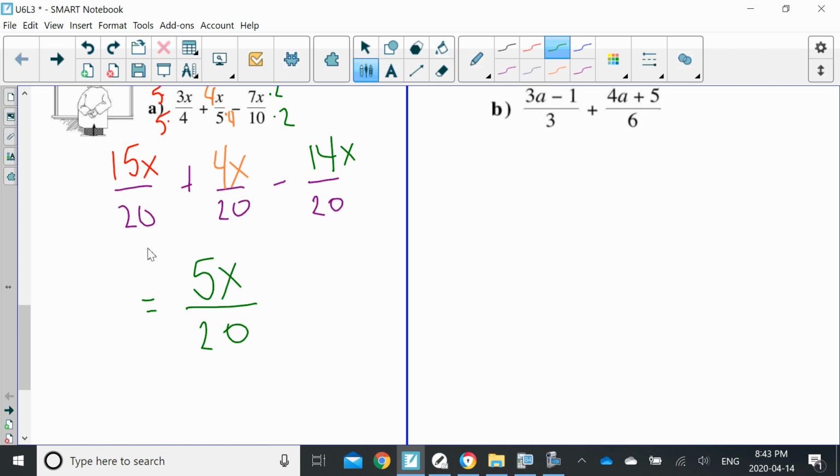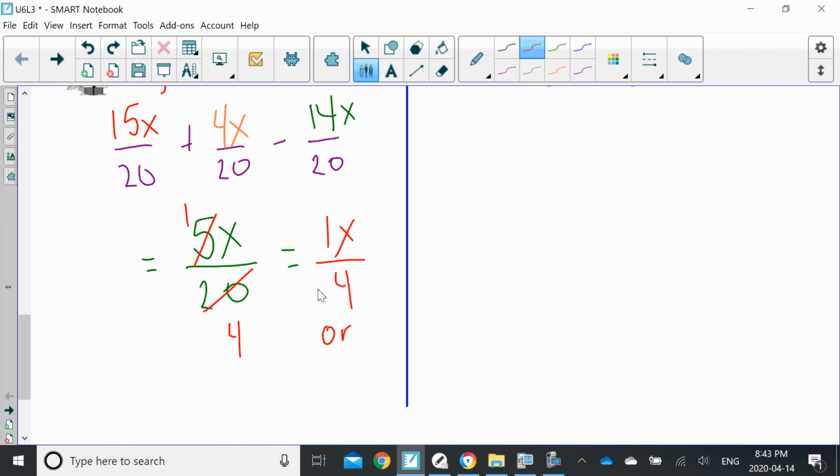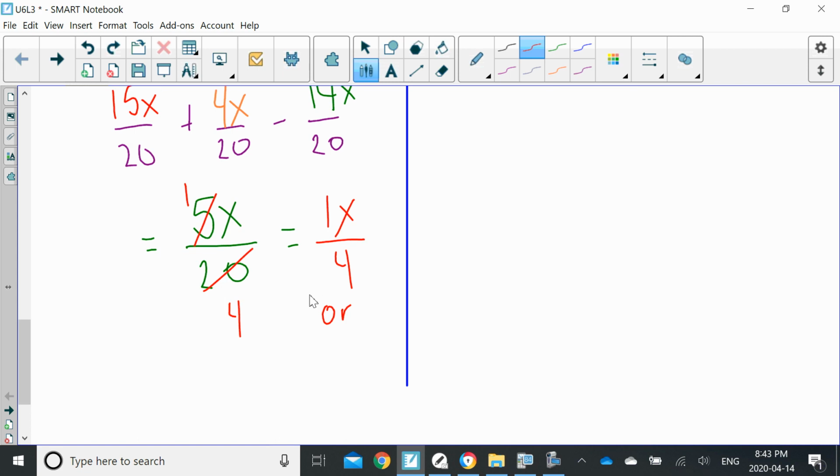Then you always want to look at this fraction, which is 5x over 20, and say to yourself, what can you reduce that by? 5 goes into 5 once, and 5 goes into 20 four times. So this solution is 1x over 4, or remember, we don't need to write that invisible 1, so I could simply say x over 4. And that would be my final answer.